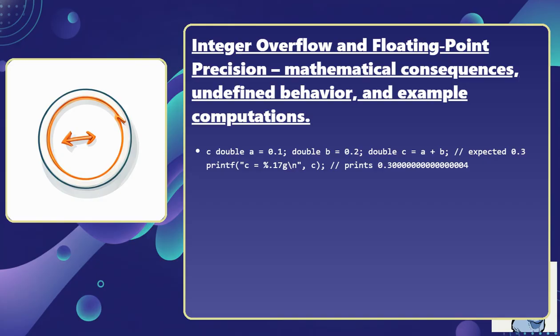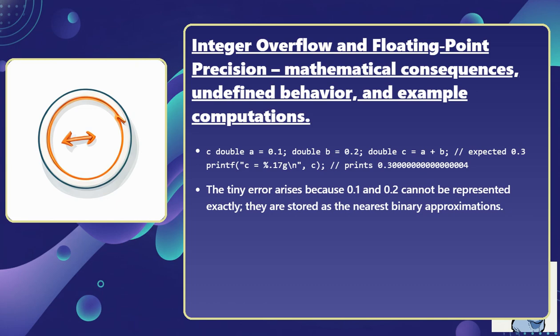Print c with format %.17g, prints 0.30000000000000004. The tiny error arises because 0.1 and 0.2 cannot be represented exactly. They are stored as the nearest binary approximations.